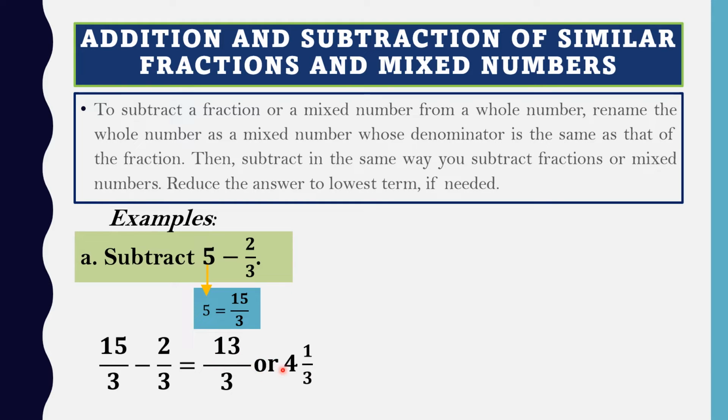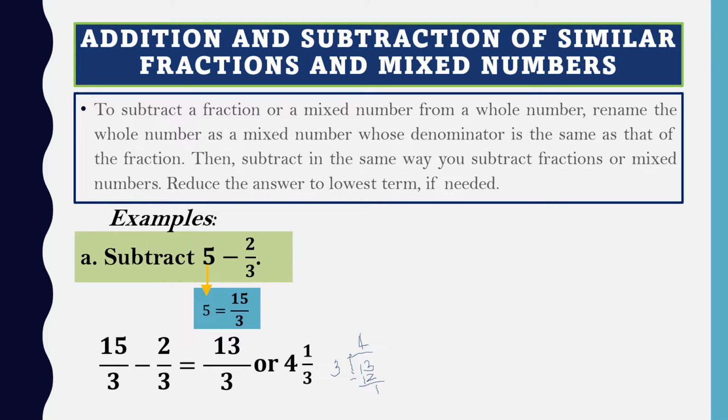So how did we get 4 and 1/3? Let me show you how we've done that. In simplifying to a mixed number, we divide the numerator by the denominator. So 13 divided by 3 is equal to 4, and then 4 times 3 is equal to 12, and the difference between 13 and 12 is 1.